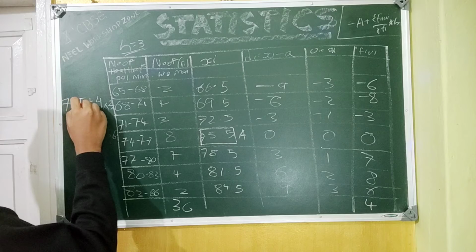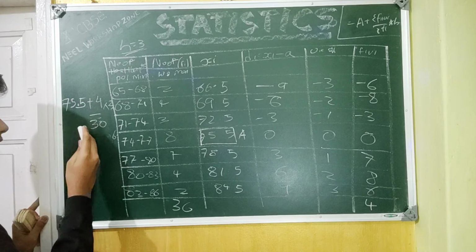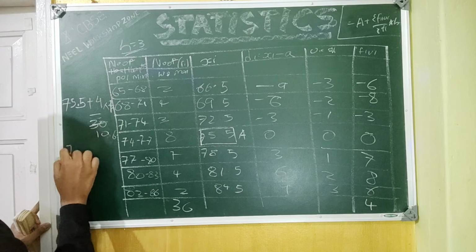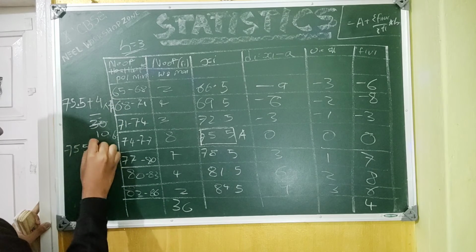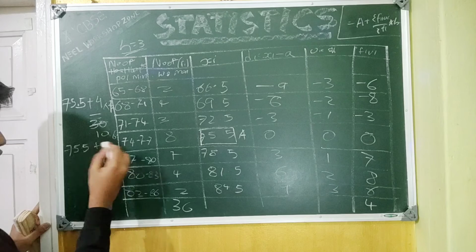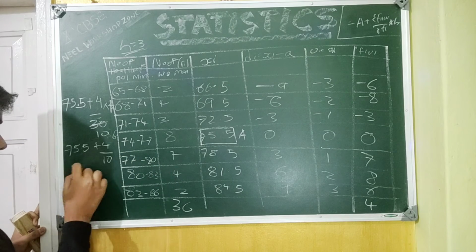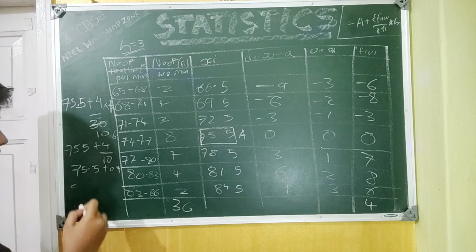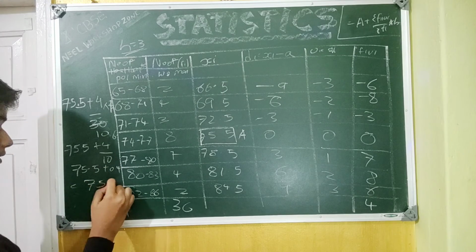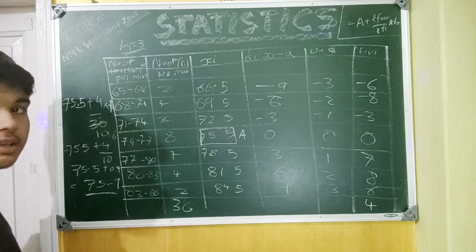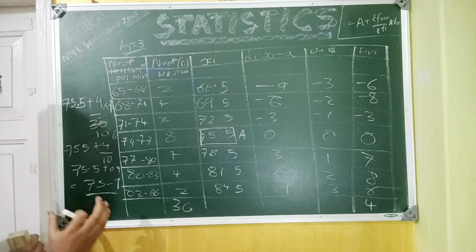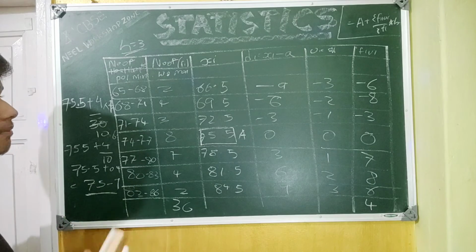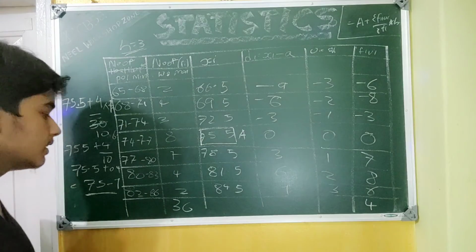So basically we need to do 75.5 plus 4 by 30 into 3. 3 times 10 is 30, so 75.5 plus 4 by 10. 4 by 10 is basically 0.4. So 75.5 plus 0.4 is equal to 75.9. So the mean over here is 75.9. This is how you can find the mean by using the step deviation method.